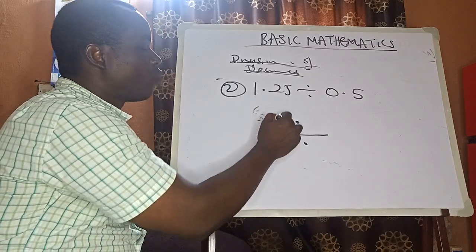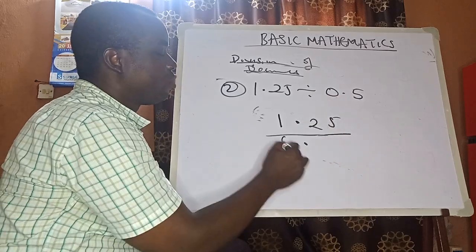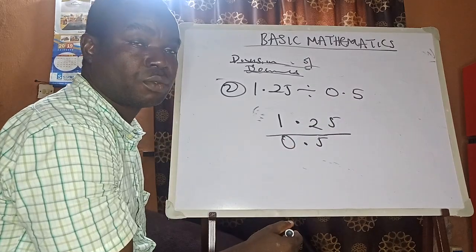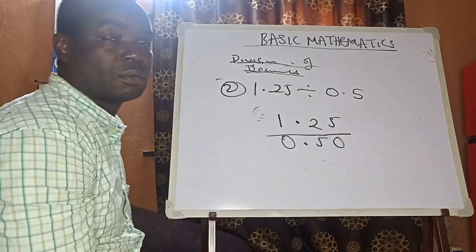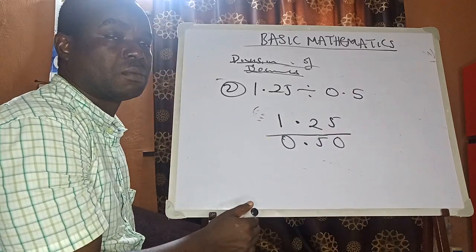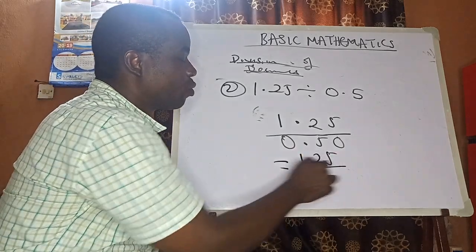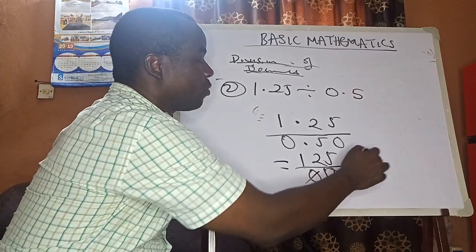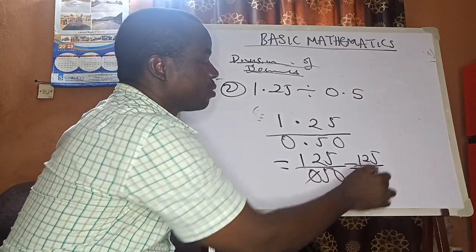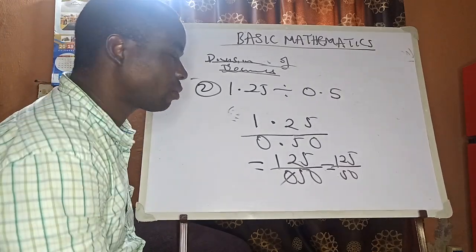This one is 1.25, so 1.25. This one is 0.5, 0.5. Are we good? Now there's a vacancy here, so I put 0. Now remove decimal points. We will have 125 over 050. This 0 means nothing, so it is 125 over 50. What is 125 over 50? How do we solve that?